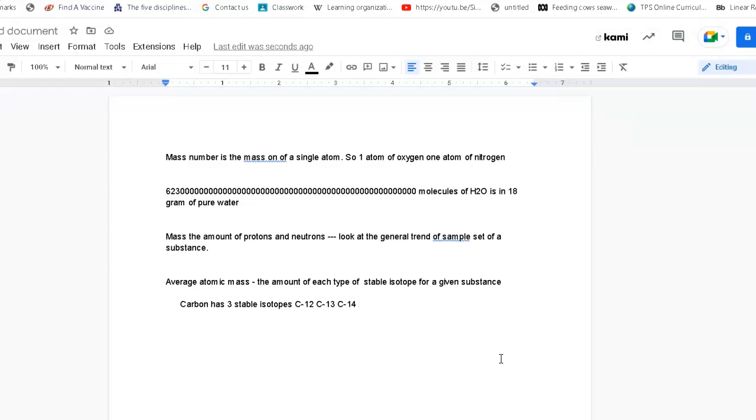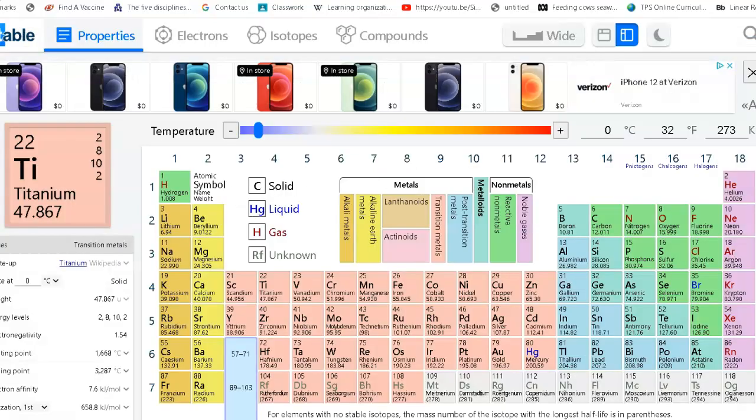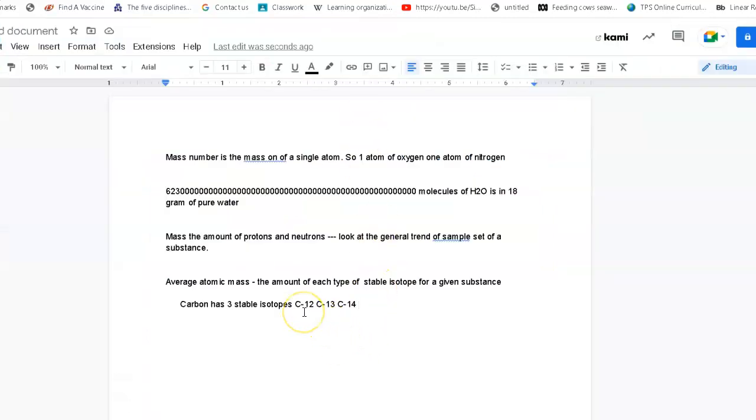When I get a sample set of just a big chunk of coal, it's going to have each of these, but they're going to vary in amounts. So if I look here and I see carbon is 12.011, that says the majority of it is going to be carbon 12, but we're going to have some more of those. It's just going to vary for the given substance.